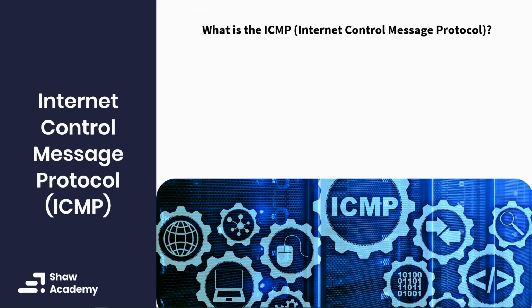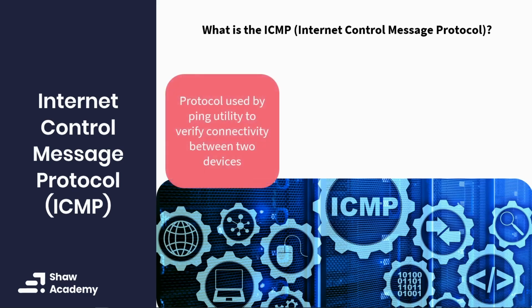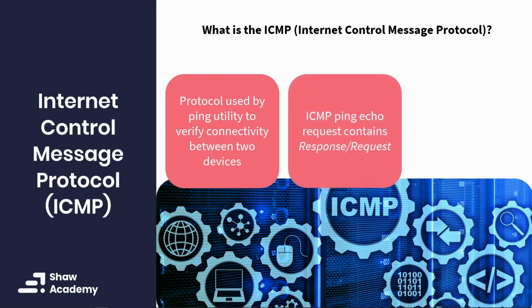So what is the ICMP, Internet Control Message Protocol? As we've just mentioned, the ICMP is a protocol that is used by the ping utility to verify connectivity between 2 devices. The ICMP ping echo request contains the following messages from echo: response, request, such as destination unreachable, when the machine or laptop is not on a network.